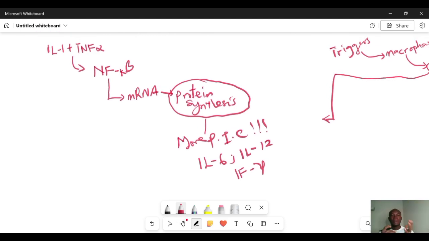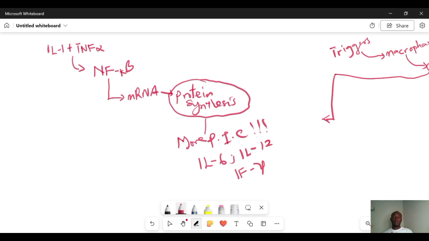So interleukin 1 and tumor necrosis factor alpha are about the first cytokines that respond to inflammation. They are released within the first hour. So what they do is set the stage for sepsis.